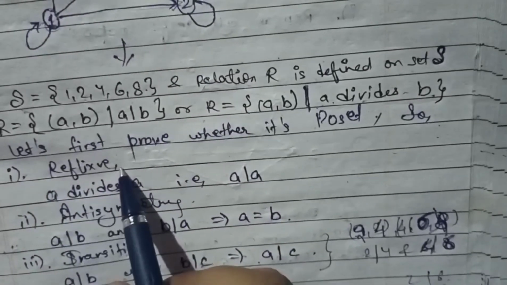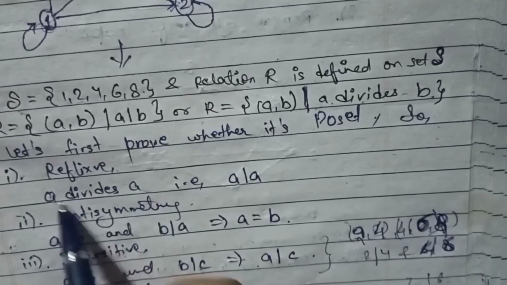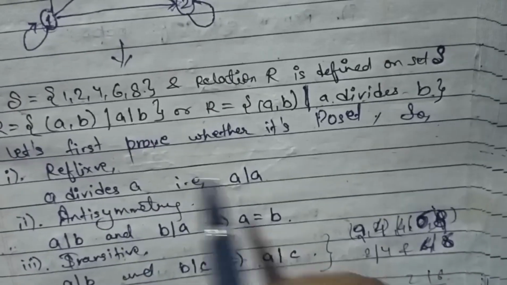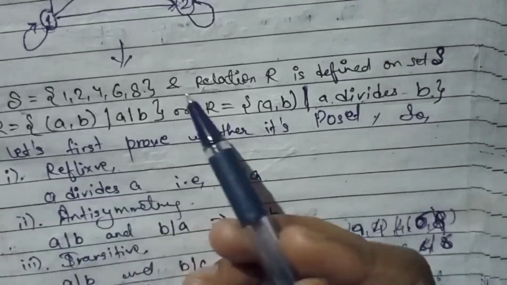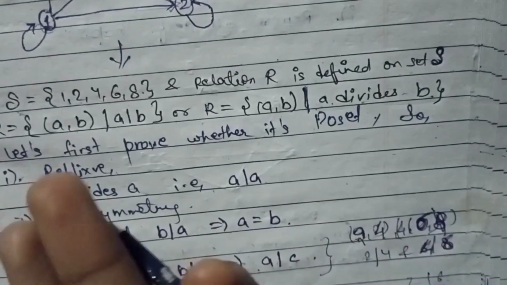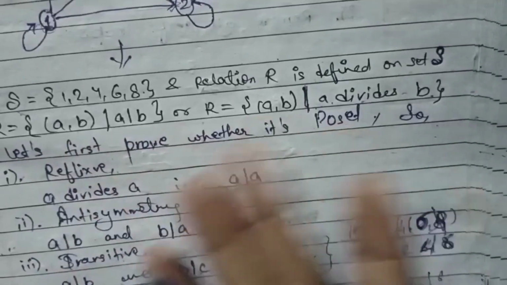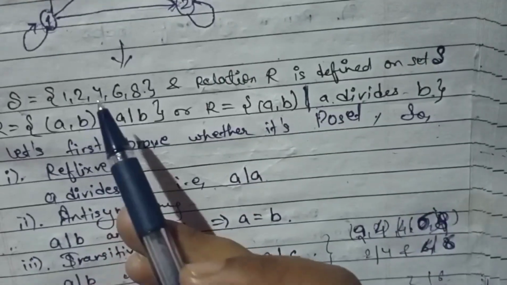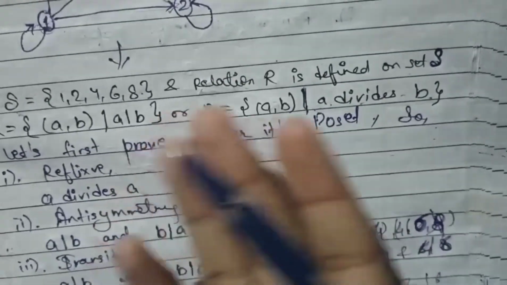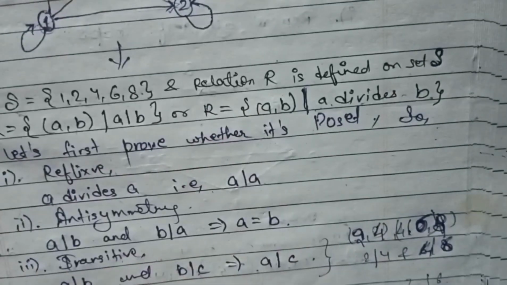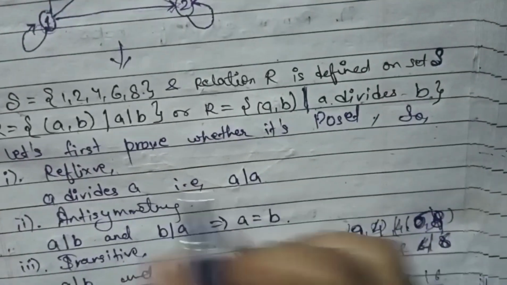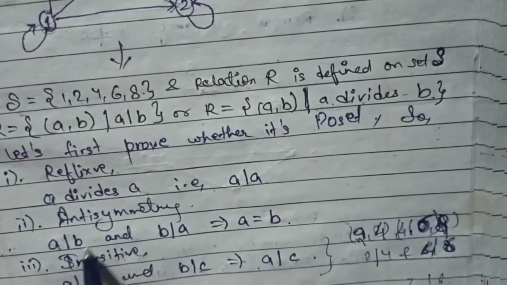It is reflexive because A divides A. If I take (1,1), 1 divides 1, and if I take (2,4), 2 divides 4.